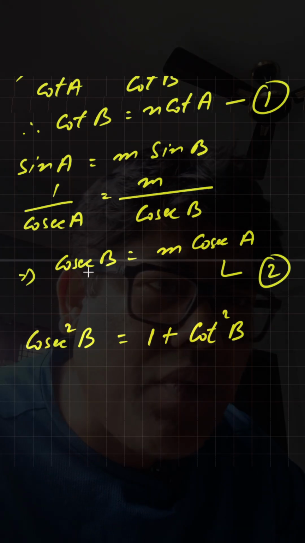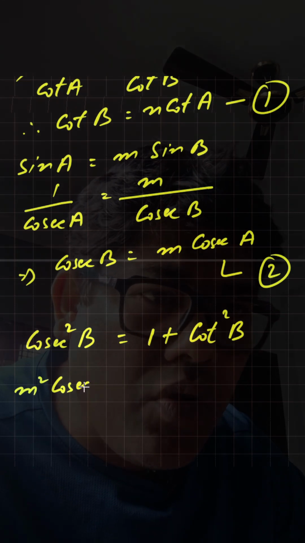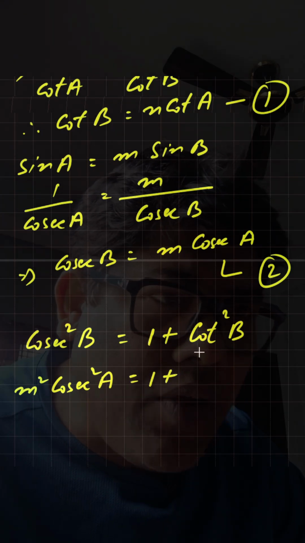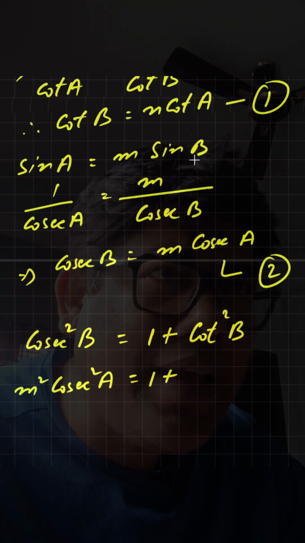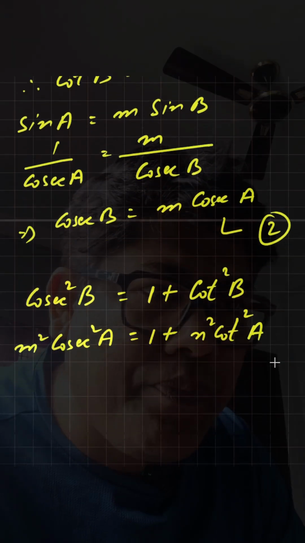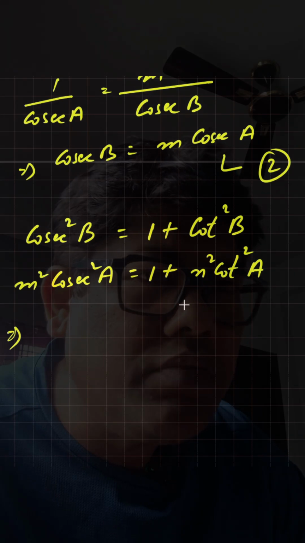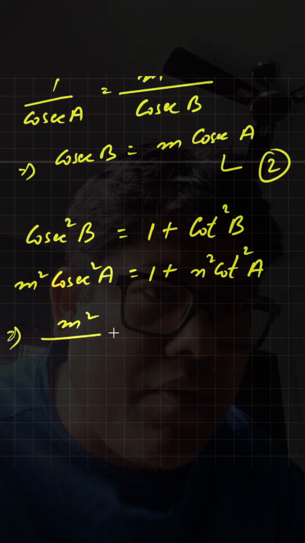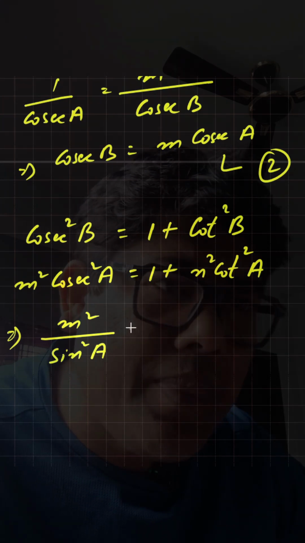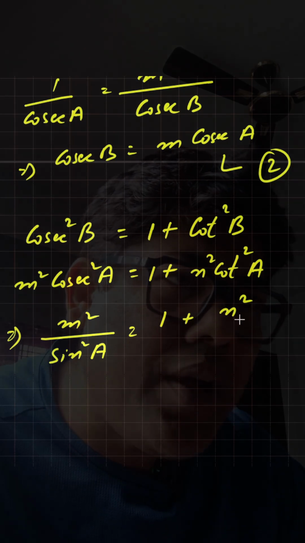And instead of writing cosec square B, I am going to write here m square cosec square A. I'm going to write 1 plus, now instead of writing cot square B, I'm going to write n square cot square A. So from here, we can write this is equal to m square divided by, instead of writing cosec square A, let me write it as sin square A, is equal to 1 plus n square.